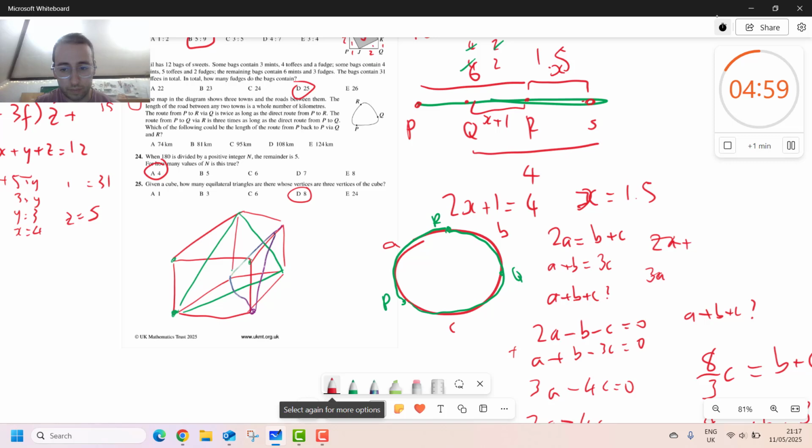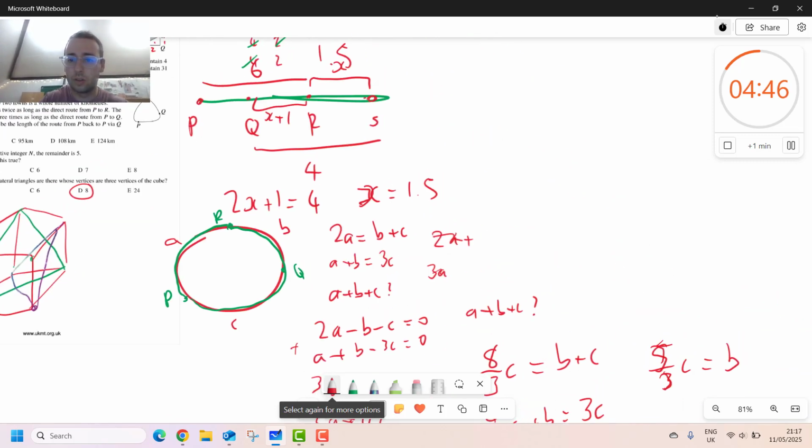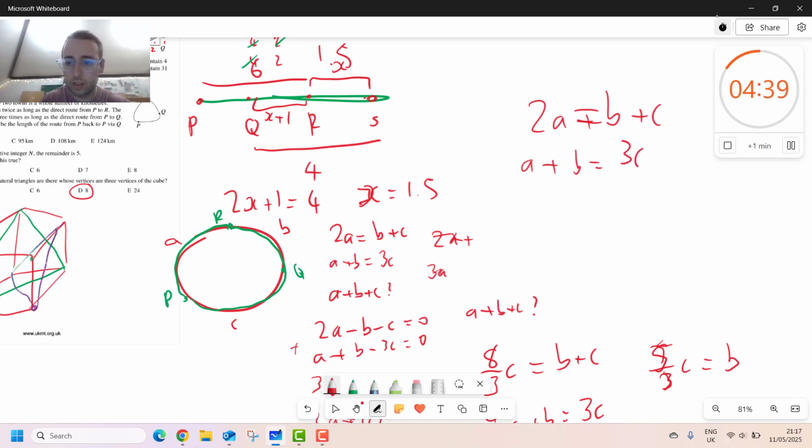Then P to Q via R, A plus B, is 3 times as big as the direct route. So I've got 2A equals B plus C. I've got A plus B equals 3C. And I want to know this guy.